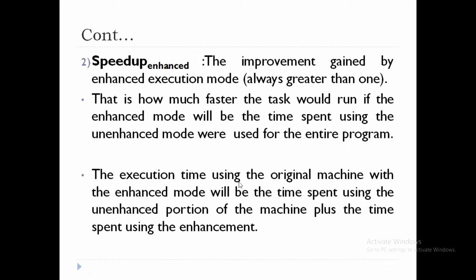The execution time using the original machine with the enhanced mode will be the time spent using the unenhanced portion of the machine plus the time spent using the enhancement.